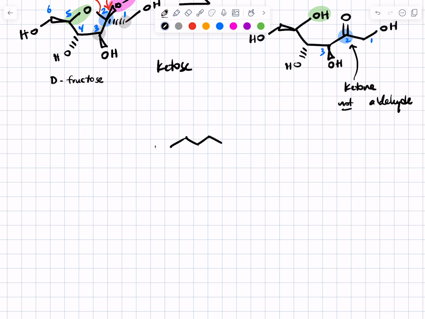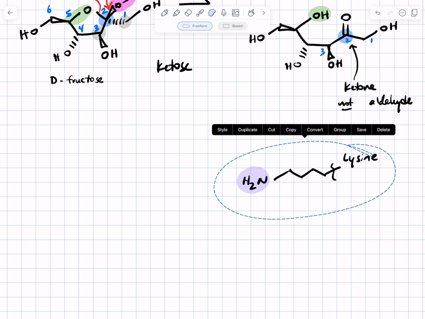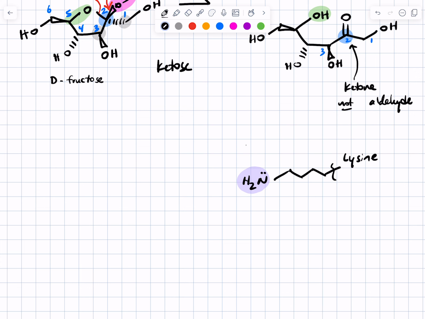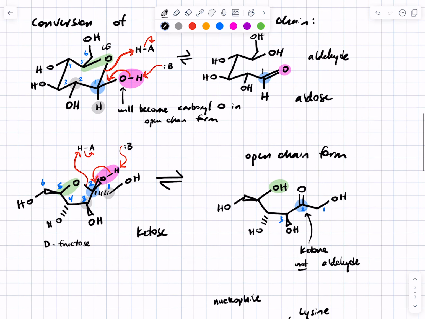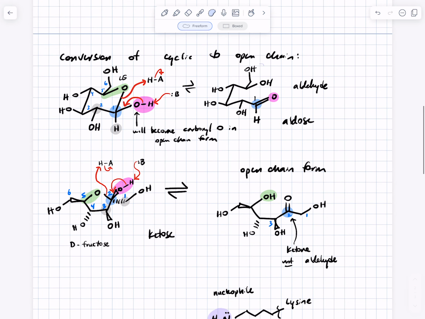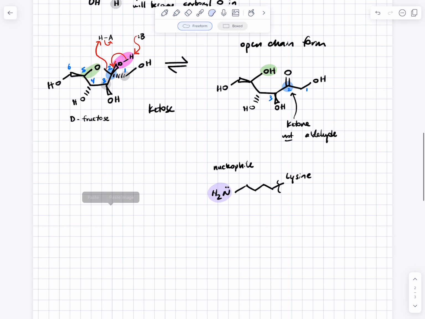Here is an example of an amino group in a protein side chain. This one happens to be called lysine. But right now, all you need to worry about is that here is a nucleophilic nitrogen. And glucose is an electrophile, as you just demonstrated by having us draw the open chain form.